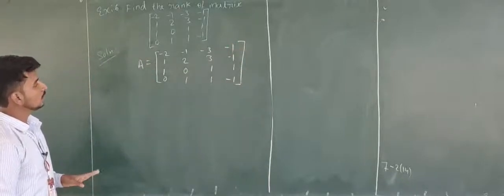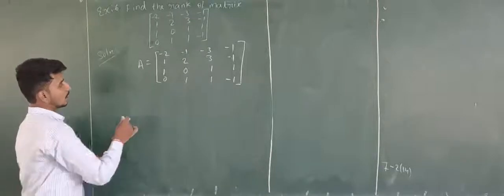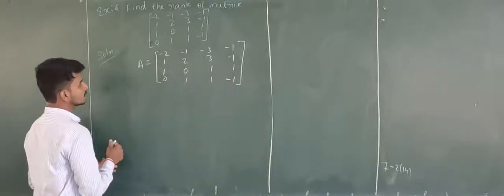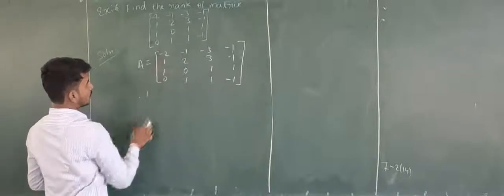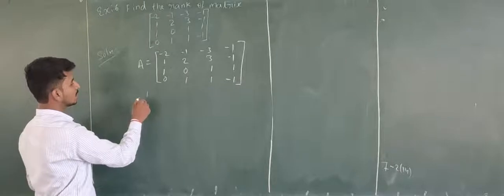First we will interchange the rows, changing R2 to R1, so that we get the leading element as 1.